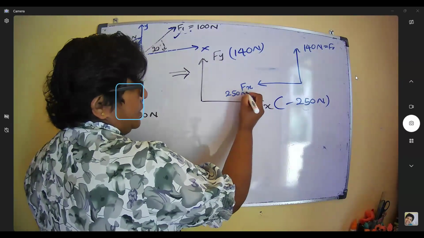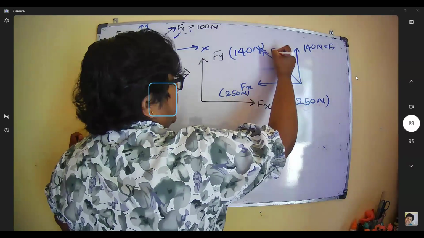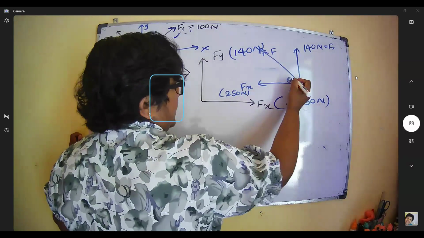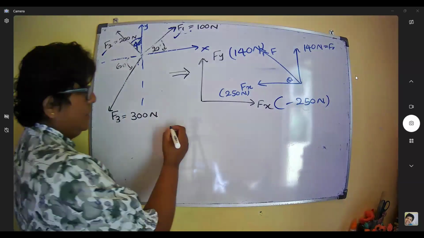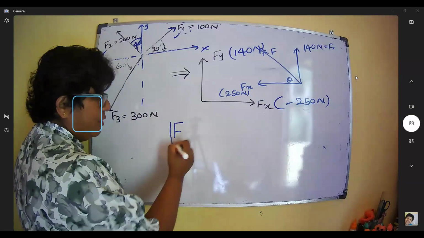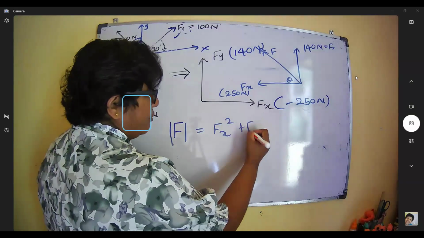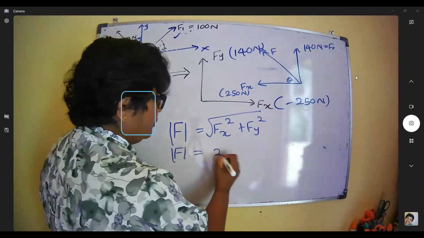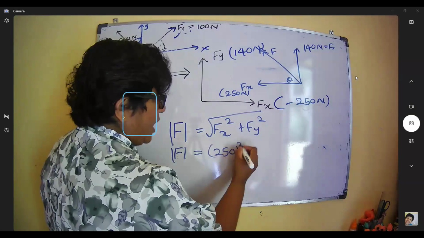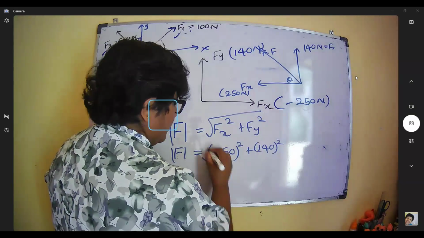Now we can find the resultant vector. These are perpendicular to each other. Then theta can be found, right? What is the F? Mod value is equal to the square root of Fx squared plus Fy squared, right? Calculate this one: Fx is 250 Newton squared plus 140 Newton squared, and square root.